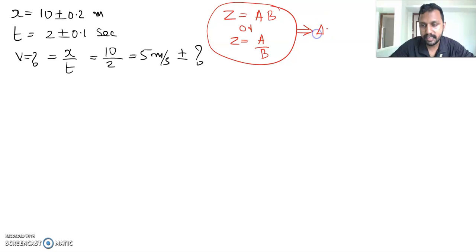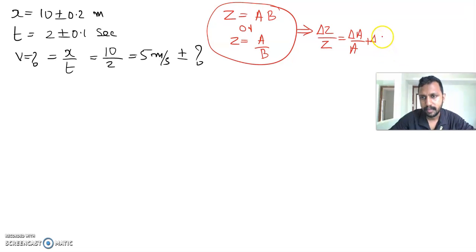The relative error of the answer, that is delta Z by Z, is equal to delta A by A plus delta B by B. This is the formula you have to remember for finding the error in the product or quotient of two quantities. In the case of multiplication and division, this is the formula we use.